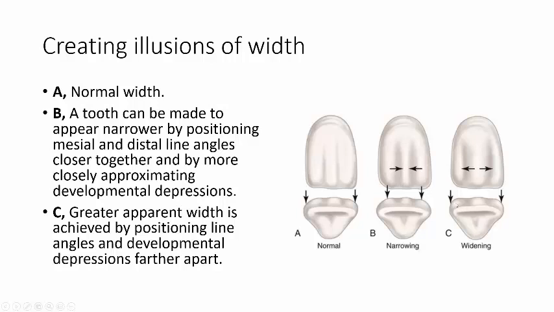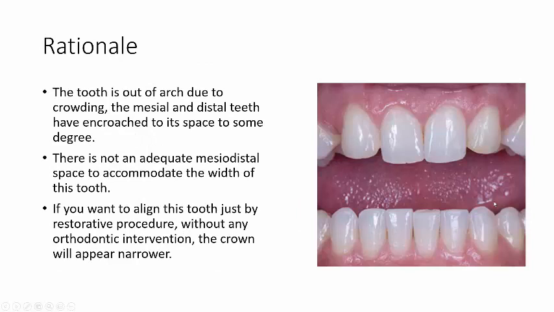We can also make a tooth appear wider. How can we do that? The greater apparent width is achieved by positioning line angles and developmental depressions farther apart. So the tooth is going to appear slightly wider. In the previous case, when we place the crown without any change in the positioning of the line angles, it will appear narrower.